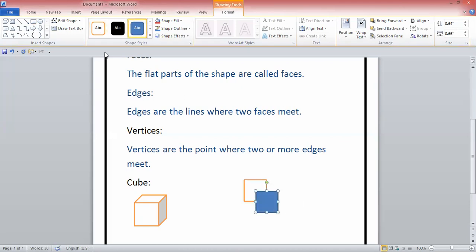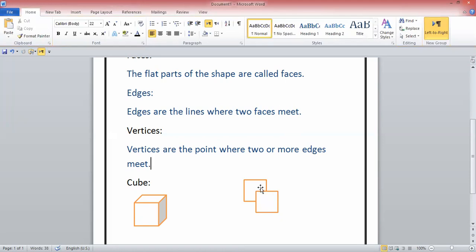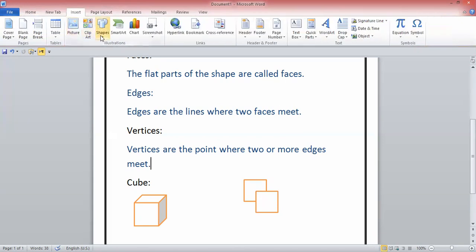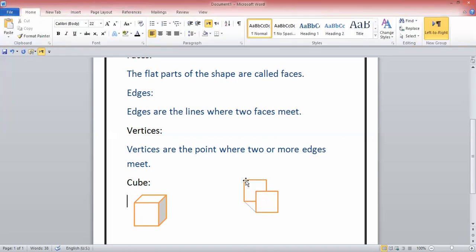Look here. Now you can see there are two squares. Now you will join these points with lines. I'm telling you how you have to draw a cube if you don't know. This point I'll join with this one. This point I will join with this one.